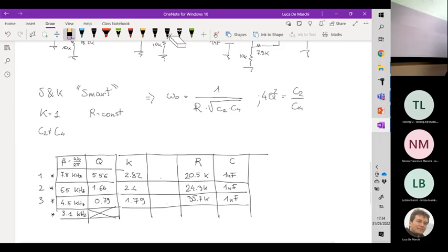But we need to specify C2 and C4. So here we will have C2 and here C4. The values shall be different.